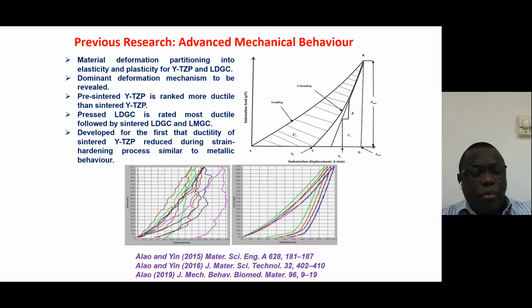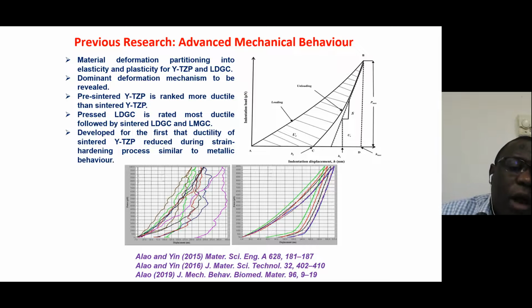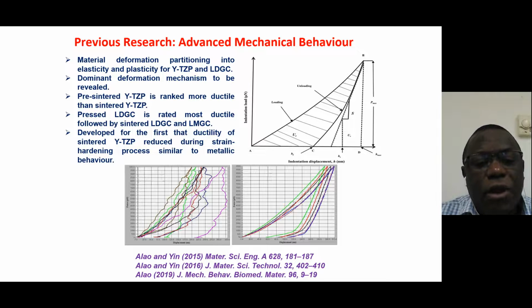Then, for the first time, I also showed that the ductility of sintered zirconia reduced during strain hardening, which was also similar to the metallic behavior undergoing strain hardening. So these are also published in all these journals.